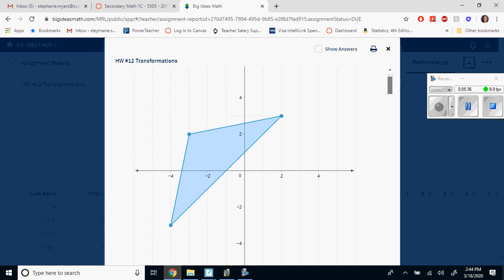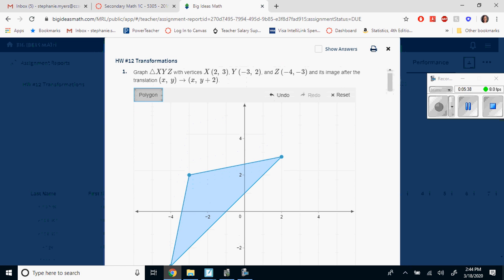We are then asked to translate it right 0, up 2. So I'm going to now take each point and just move up 2. And then connect it back.